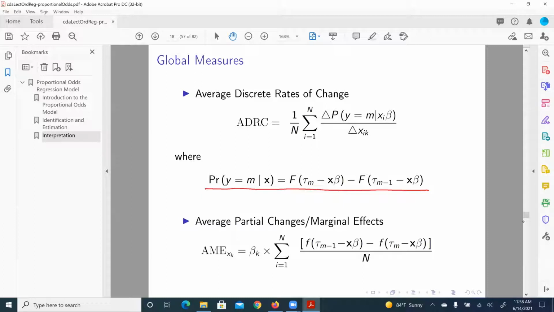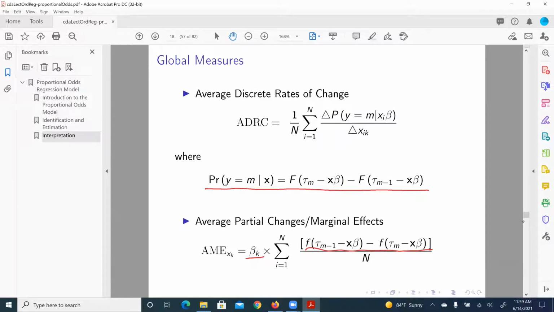And if you recall, the partial change is beta k multiplied by this term for a single observation. Here, what I'm trying to do is perform that calculation for every single observation.